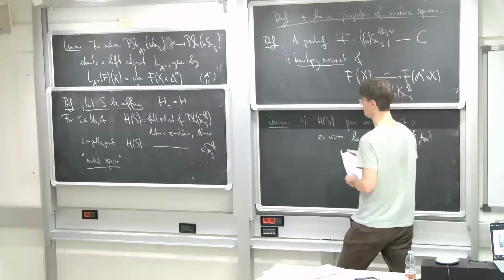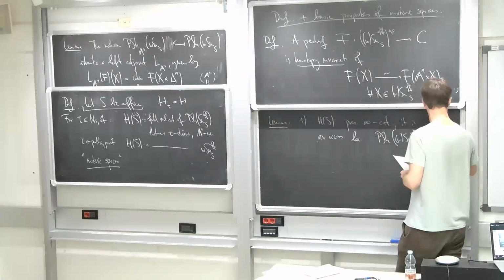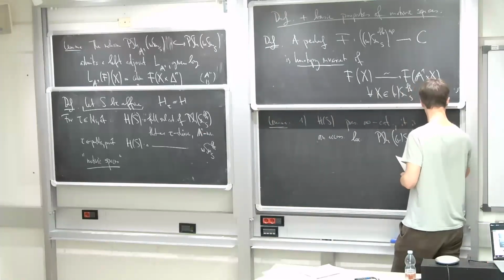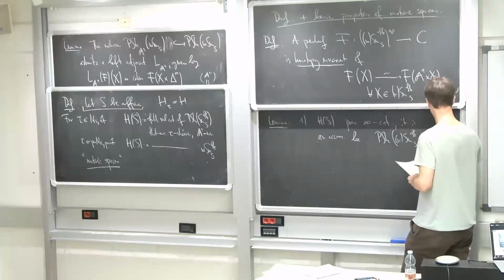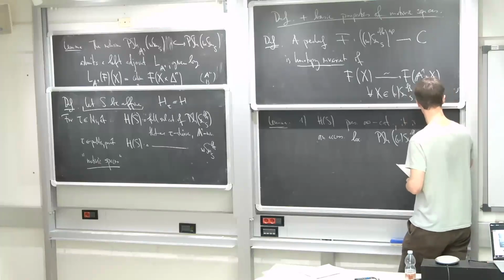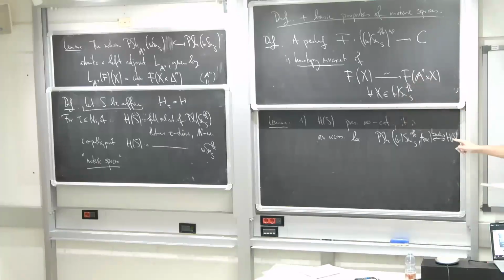So this presheaf for me always means presheaf of anima, if I don't explicitly say something else. And then we have this H of S, which by definition is a full subcategory, and being an accessible localization means it has a left adjoint, which is accessible, and this is called L mot, for motivic localization, if you want.